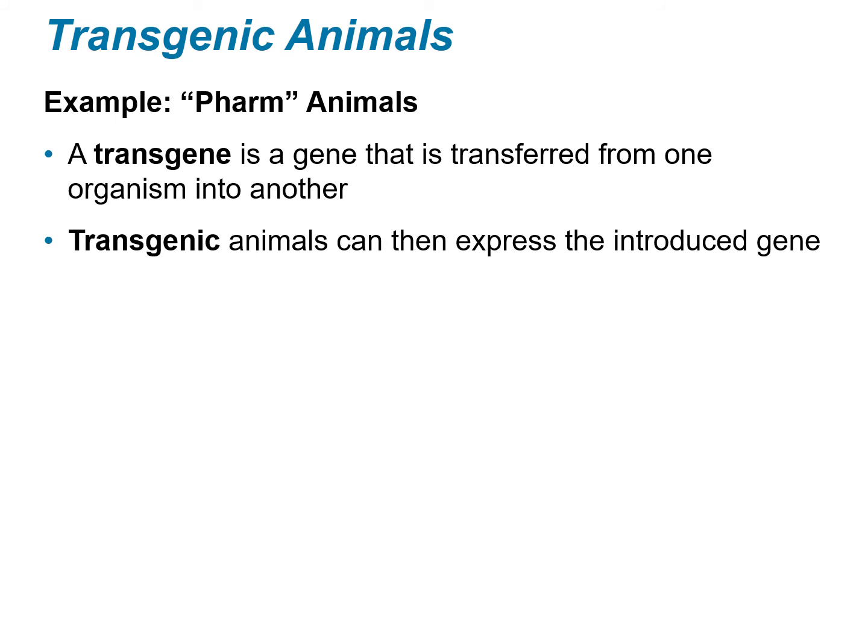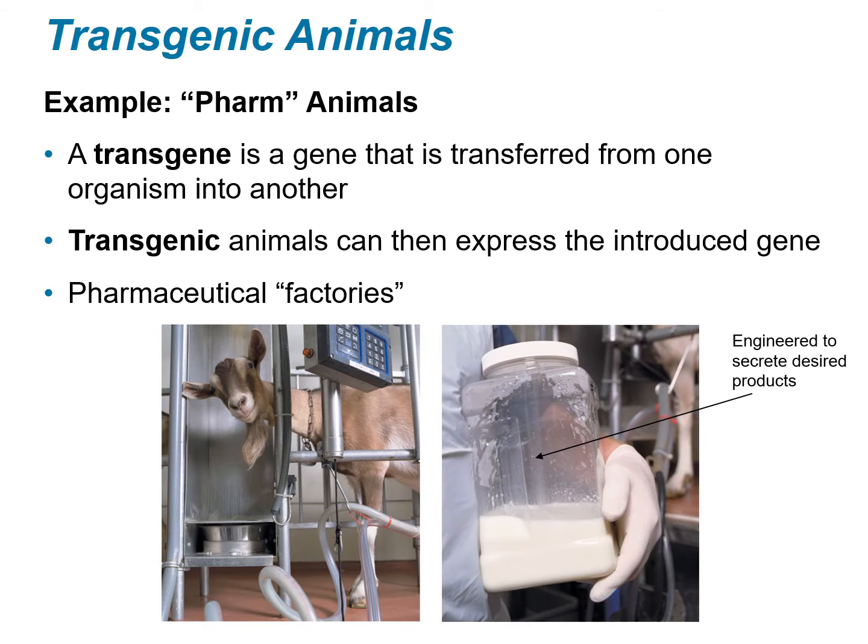Transgenic animals can express this gene, which will ultimately result in the production of the gene product. These farm animals can be considered pharmaceutical factories, so they can be made to produce high amounts of the product of a particular gene.